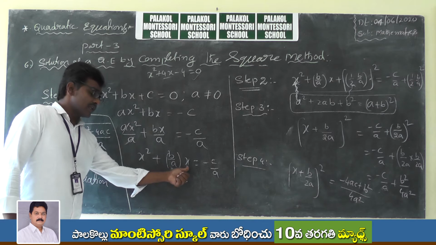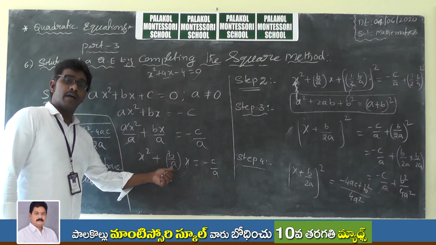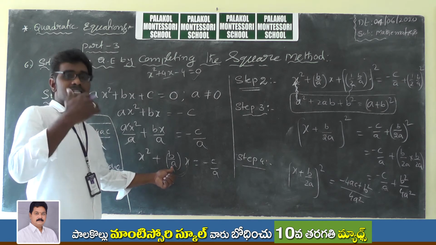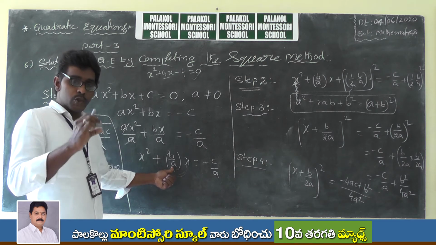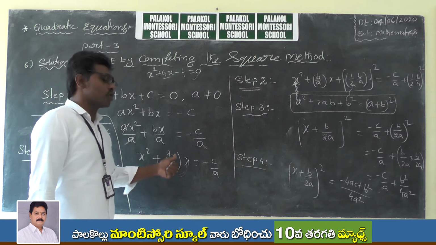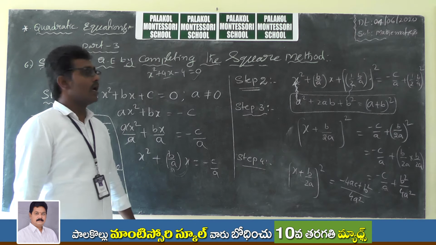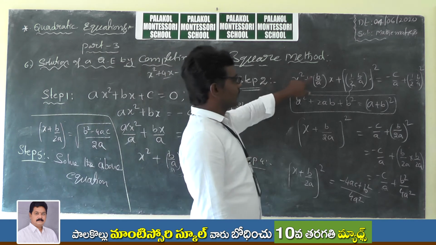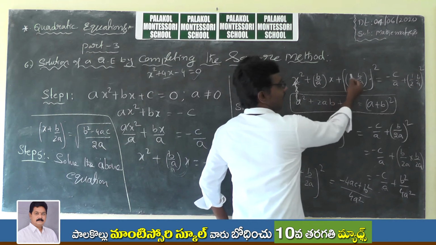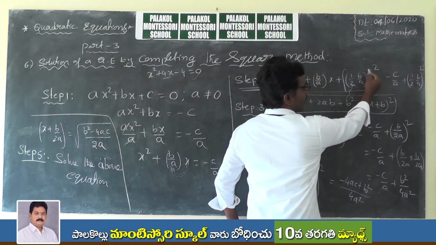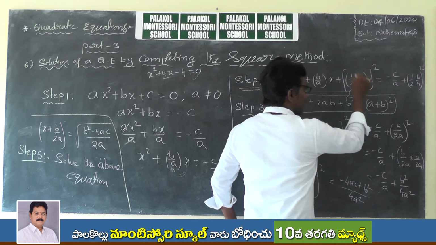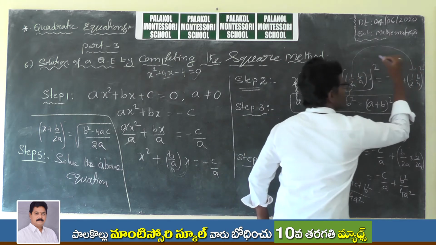Next, step 2. How to write step 2? What is the coefficient of x here? b by a. Take half of it and square. You form one new term. That new term should be added on both sides. I write this: x square plus b by a of x plus of b by a of whole square. The same term write on the other side also.